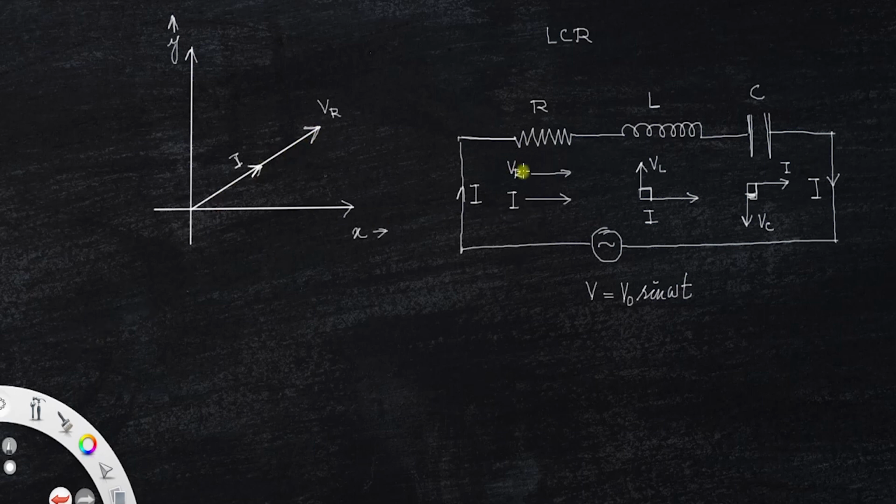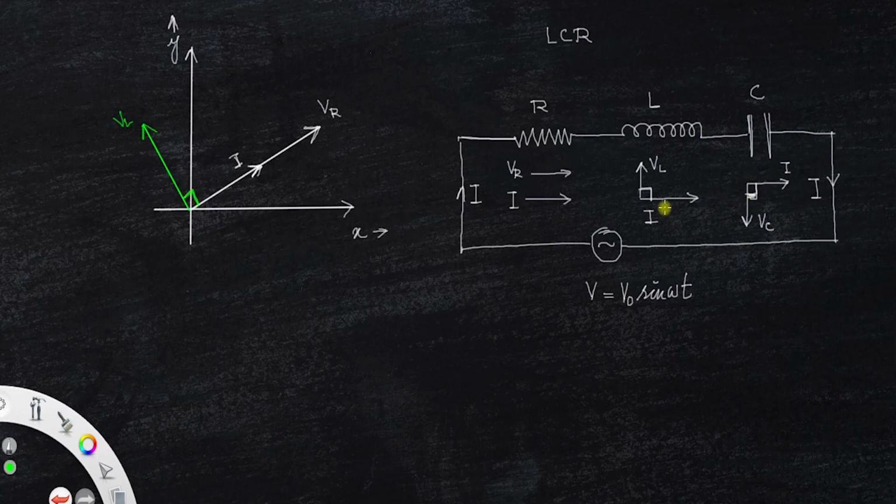Now we have to draw VL. Clearly, VL leads the current. So VL will be here. VL, this one. And this angle we have 90 degrees.